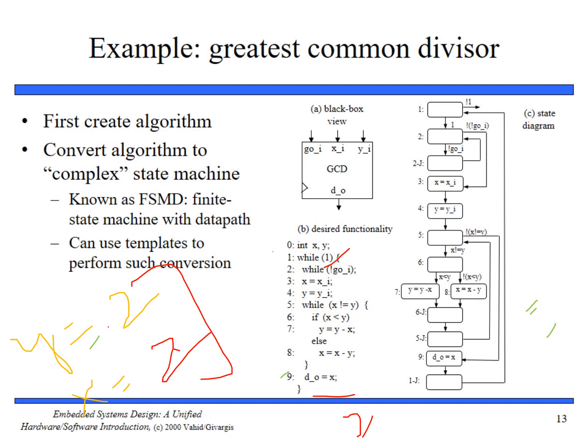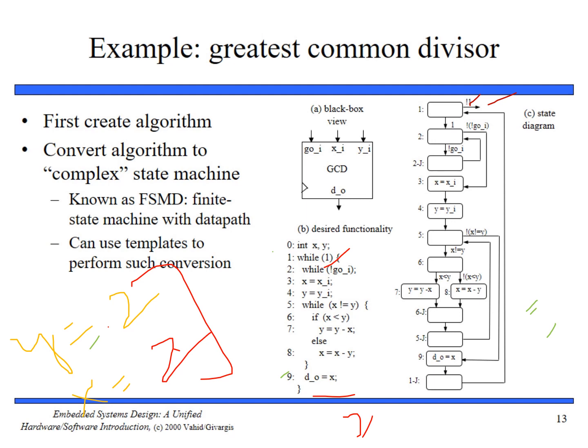If you look at the flow chart, you can see it yourself, this is your while I. If not I, it will go and stop. Okay, this is it.